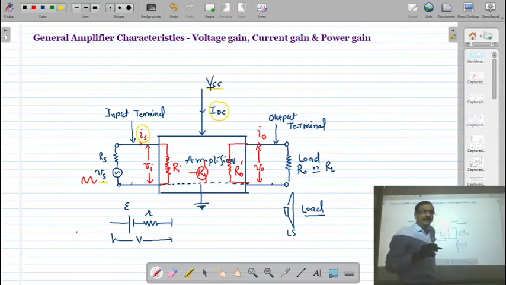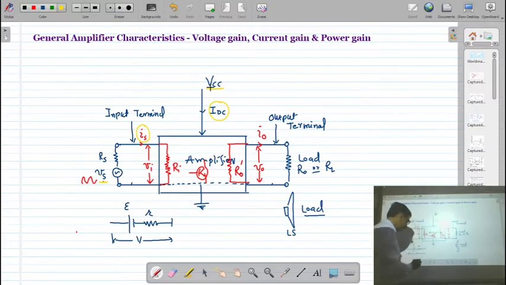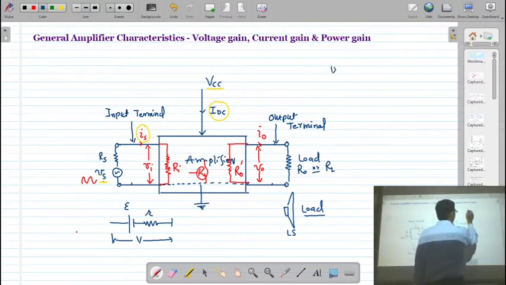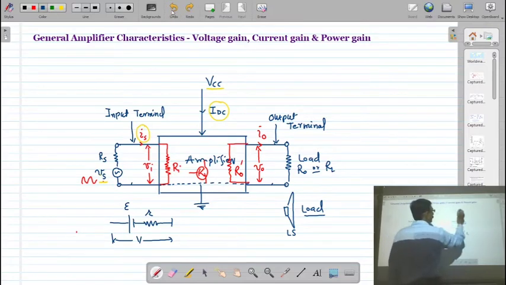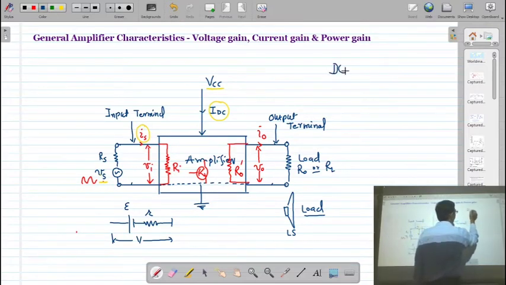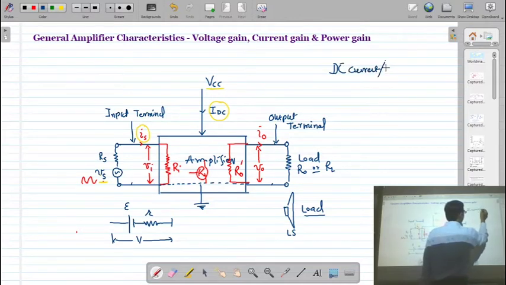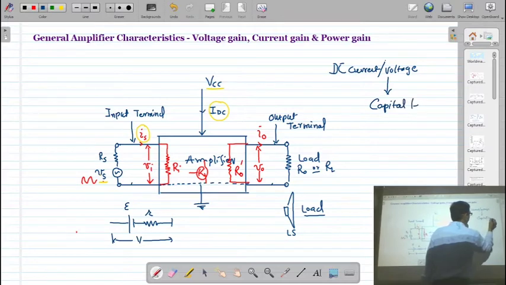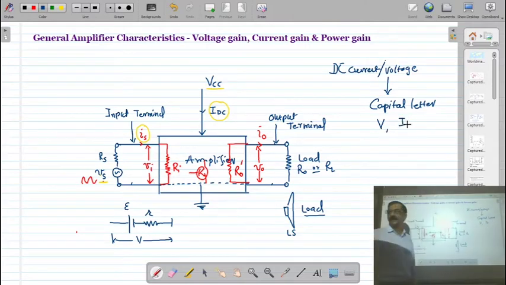To represent a DC current or voltage, we always have to use a capital letter. For a voltage it will be a capital V, and for a current it is a capital I.